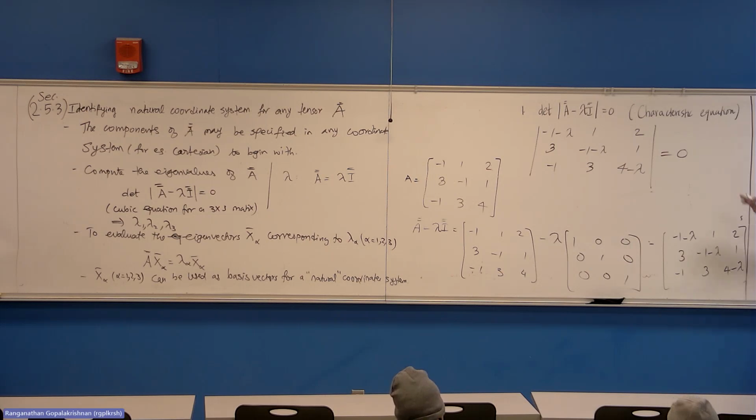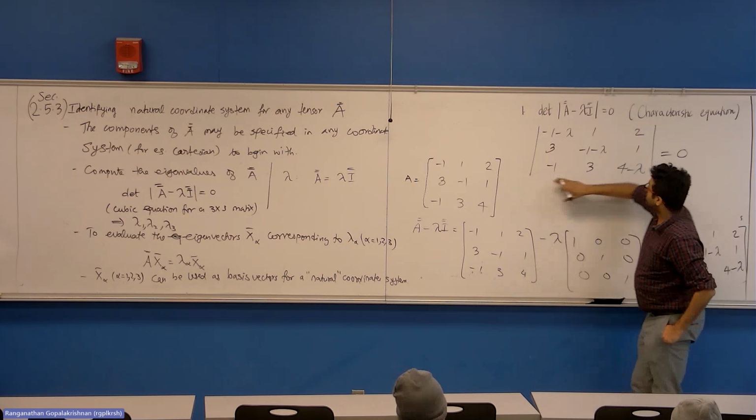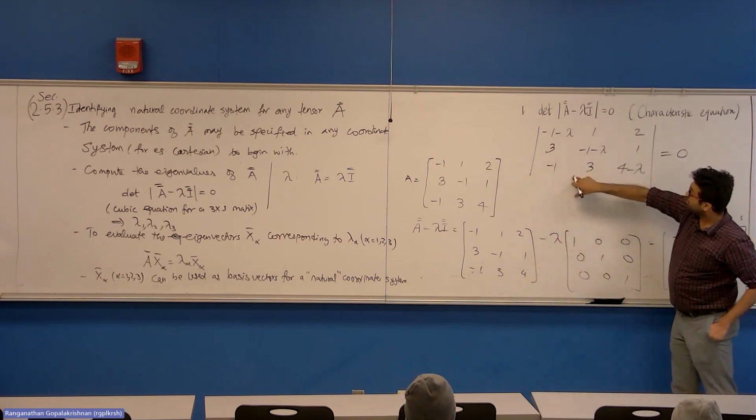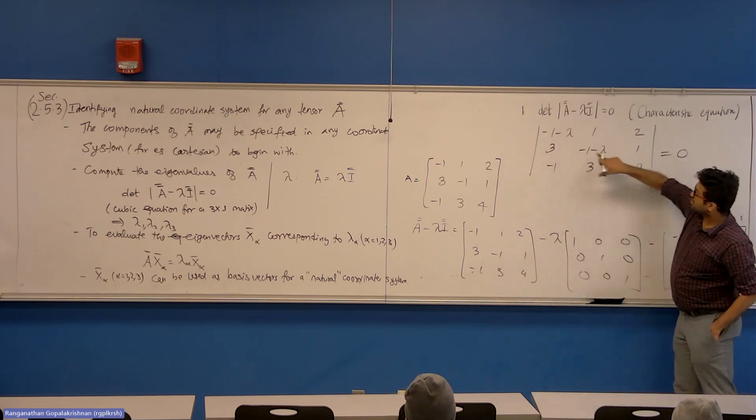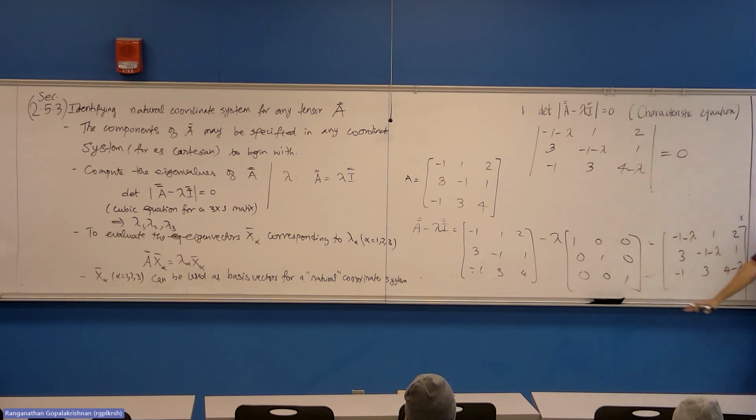Whatever numbers are the components of this matrix, your first step is just to write the same components and subtract lambda from the diagonal elements and equate that determinant to 0. This is the universal starting point.